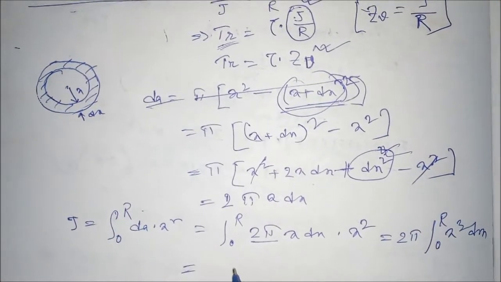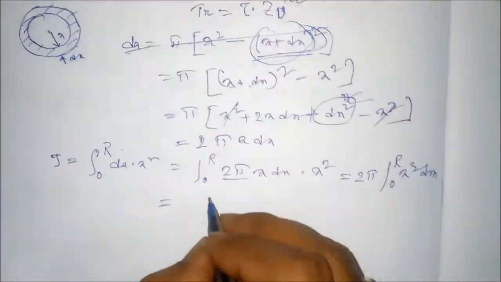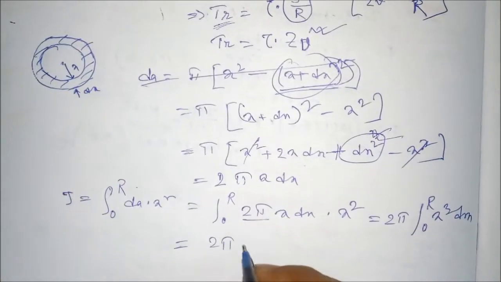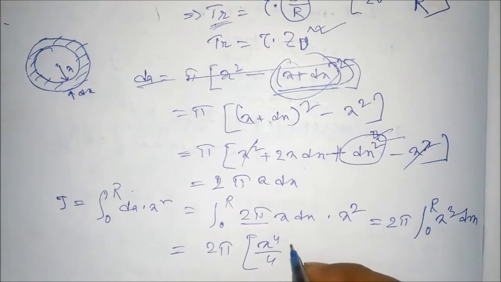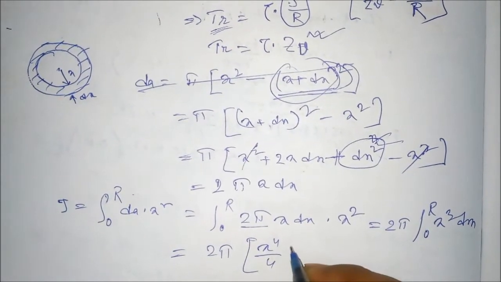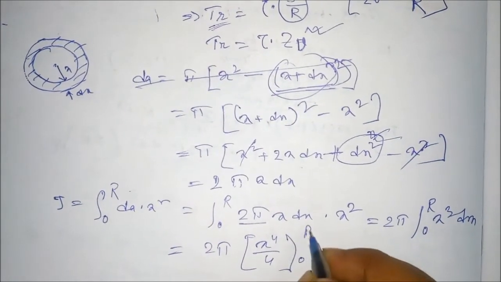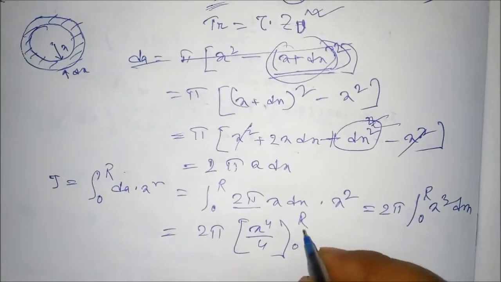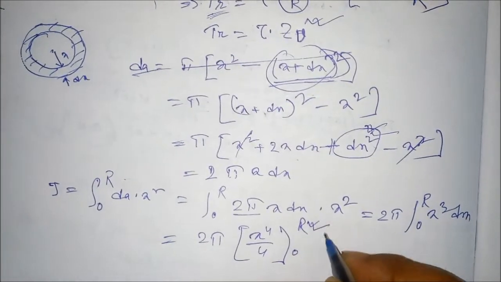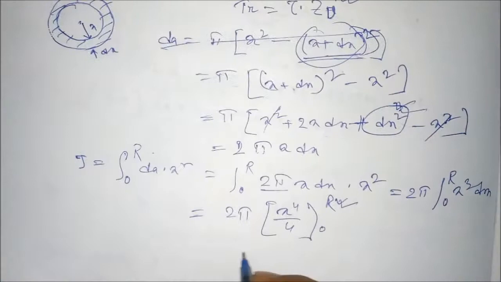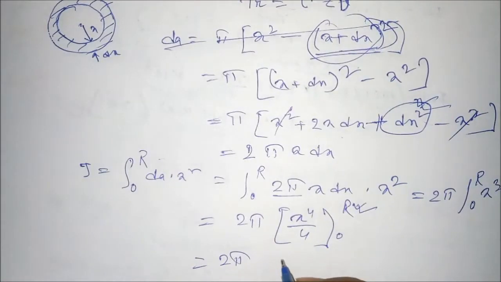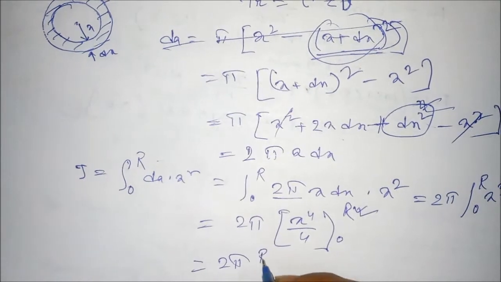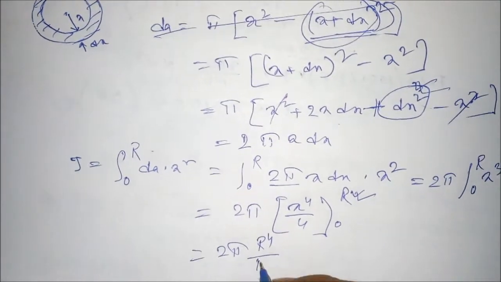After integrating, we get 2 pi times x to the power 4 by 4, with limits from 0 to r. If we consider the lower limit, the value will be 0. If we consider the r value, we get 2 pi r to the power 4 by 4.